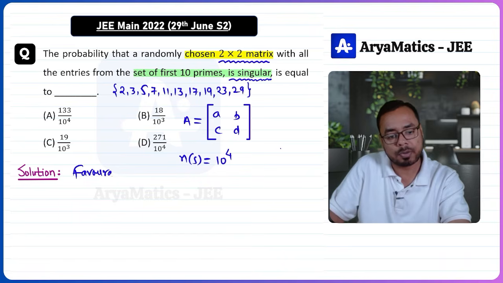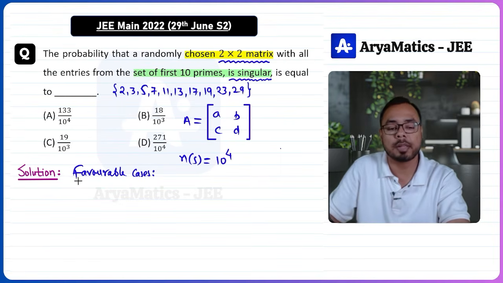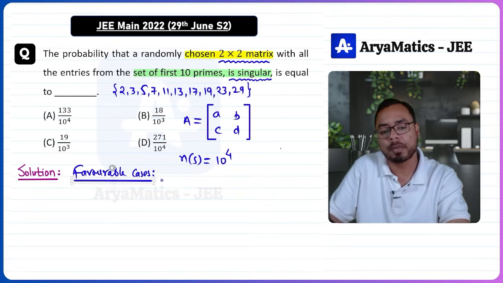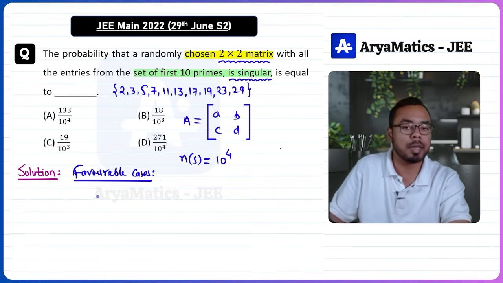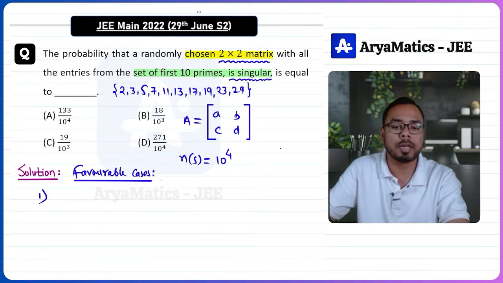Favorable case means out of these 10 raised to 4 matrices, we have to find how many matrices are singular matrix. How many matrices are there whose determinant is 0. Now, see, singular matrix you can create in different ways. One possibility is that you will pick any one number from here, and you will use the same number in all entries.